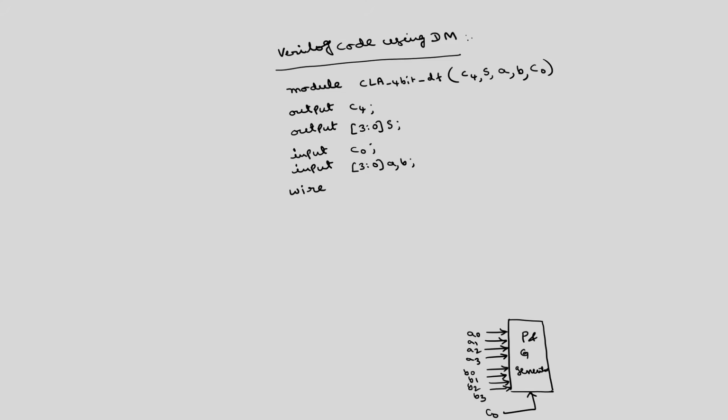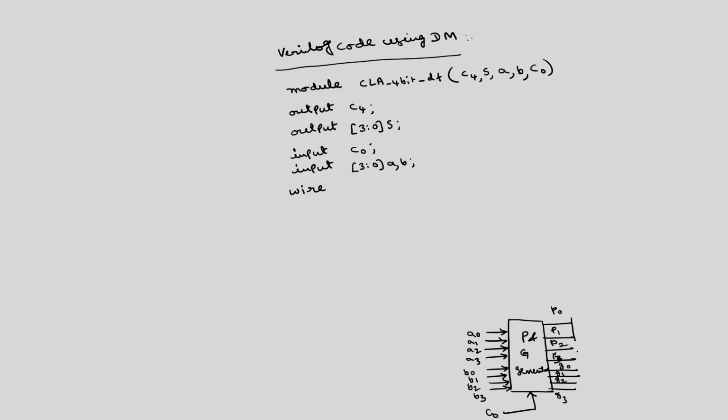So, using this, what are we going to generate? We are going to generate all P's and G's: P0, P1, P2, P3, G0, G1, G2, G3.